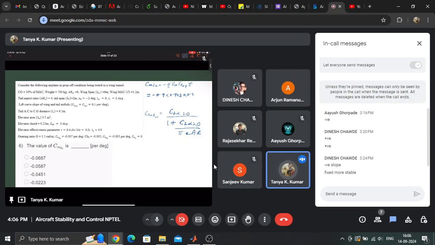You can take E as 1. So just try solving this. 0.1 plus 0.1 by E, PR of the wing.